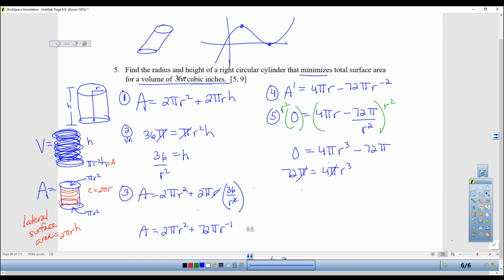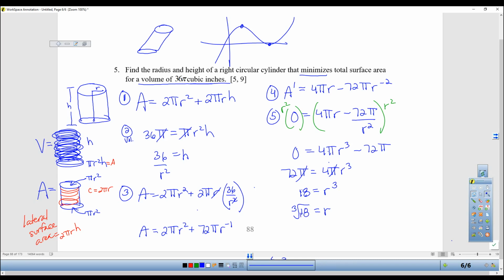Divide both sides by pi. Divide both sides by 4. What is that, 13? Does that sound right? 72 divided by 4, not 13, 18. Is r cubed, and so r is equal to the cube root of 18.